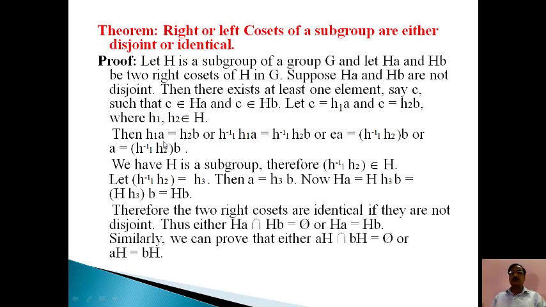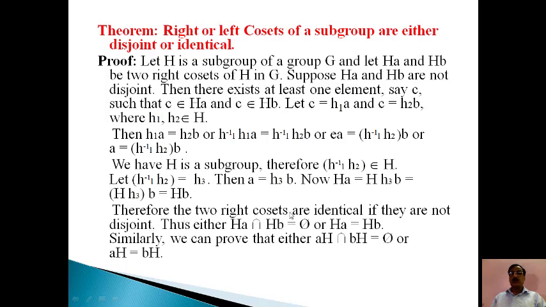If we take the inverse of H1, then H1 inverse times H1A equals H1 inverse H2B. By the inverse property of a group, the multiplication of H1 and H1 inverse gives E, so EA equals H1 inverse H2B, which gives A equal to H1 inverse H2B. Since H is a subgroup, H1 inverse H2 belongs to H. Let H1 inverse H2 equal H3, then A equals H3B, and HA equals HH3B, which equals HB.